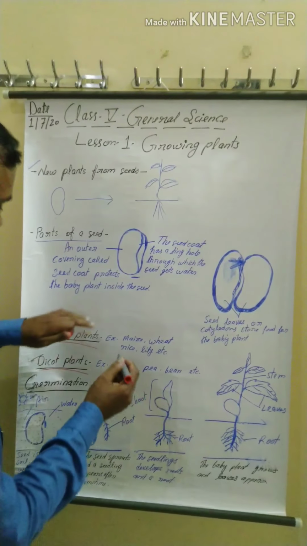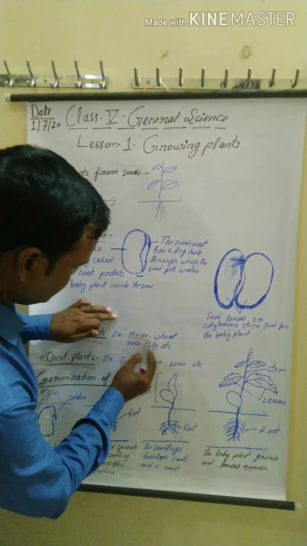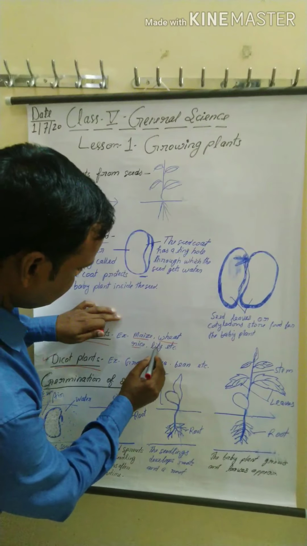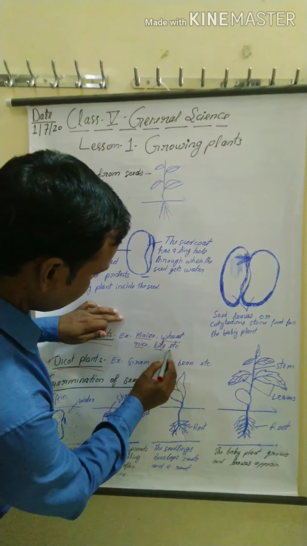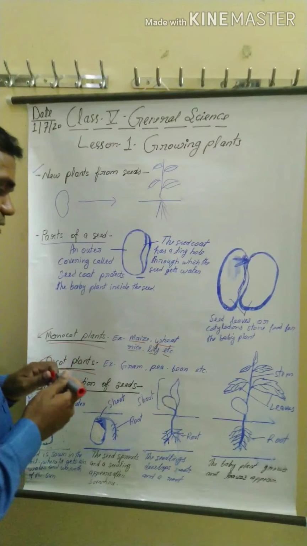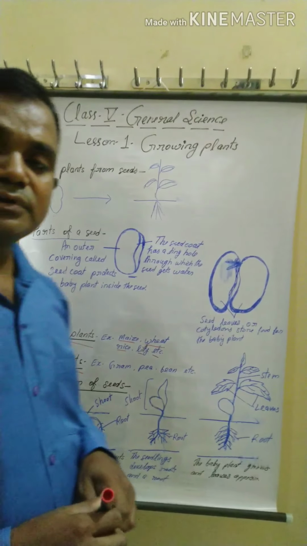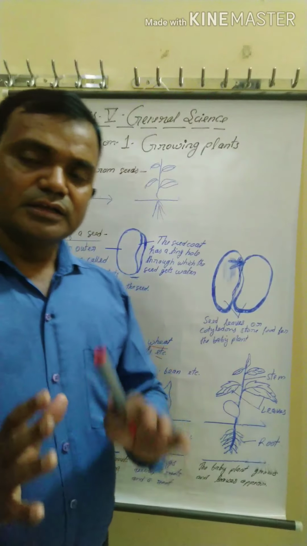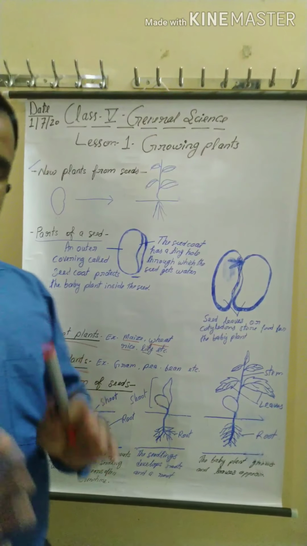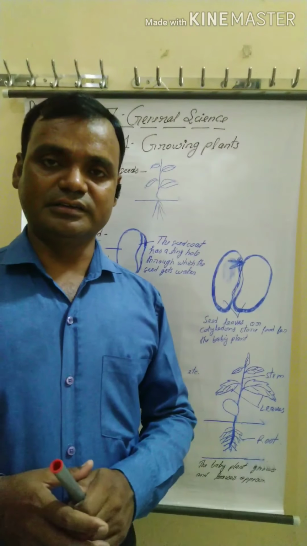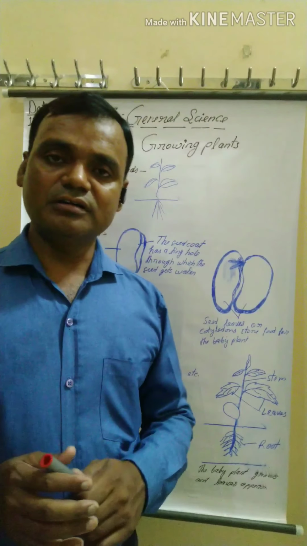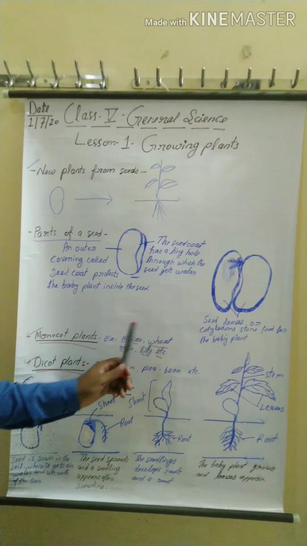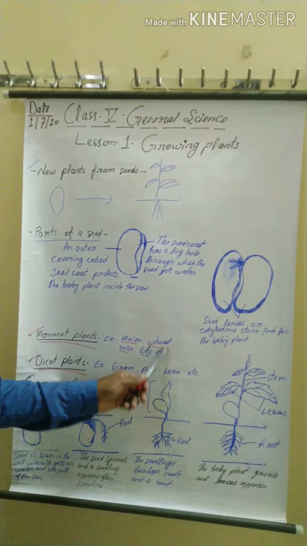Examples: maize, wheat, rice, lily, etc. I repeat it again: plants that have only one cotyledon are called monocot plants.